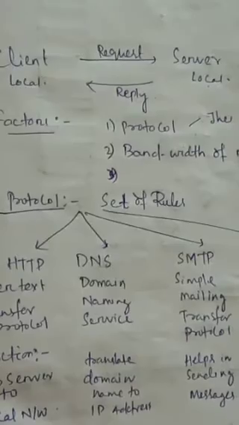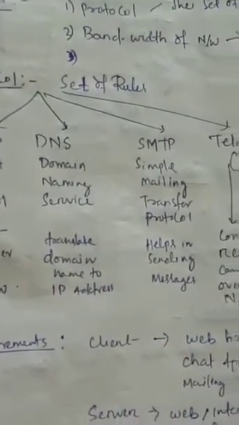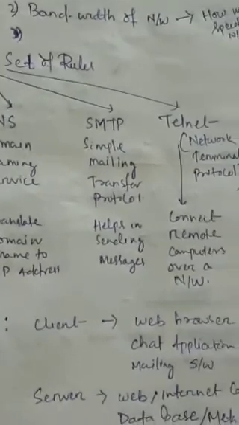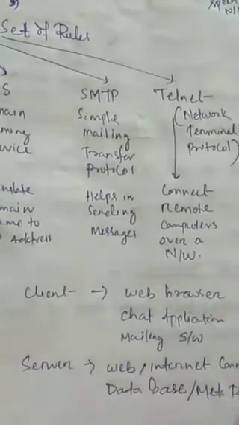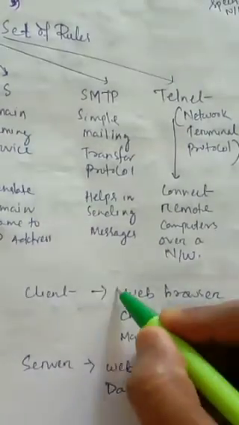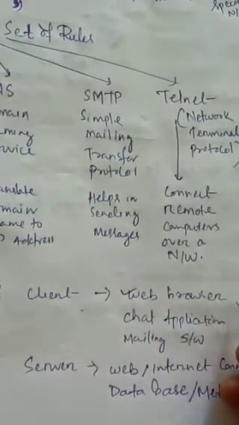Then the requirements of client and server. So to transmit in a client server mode in a distributed environment, the client has some specific criteria or requirement. So what are they? It must have a web browser. What do you mean by web browser?